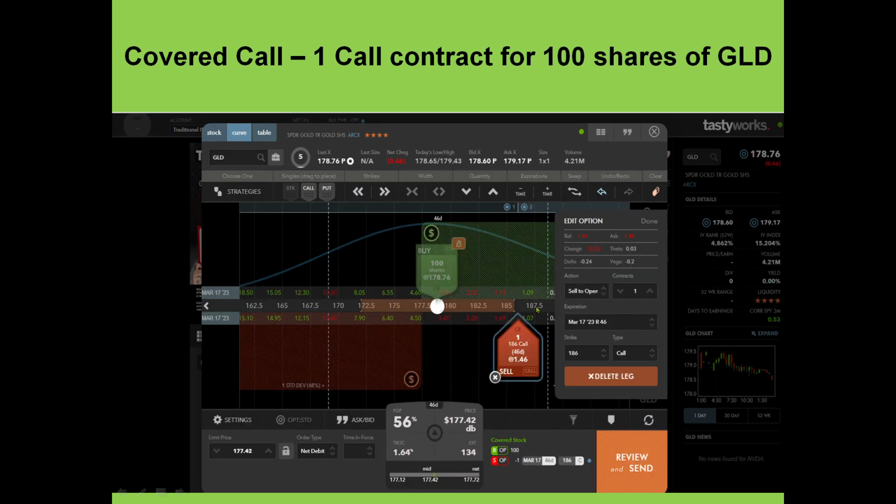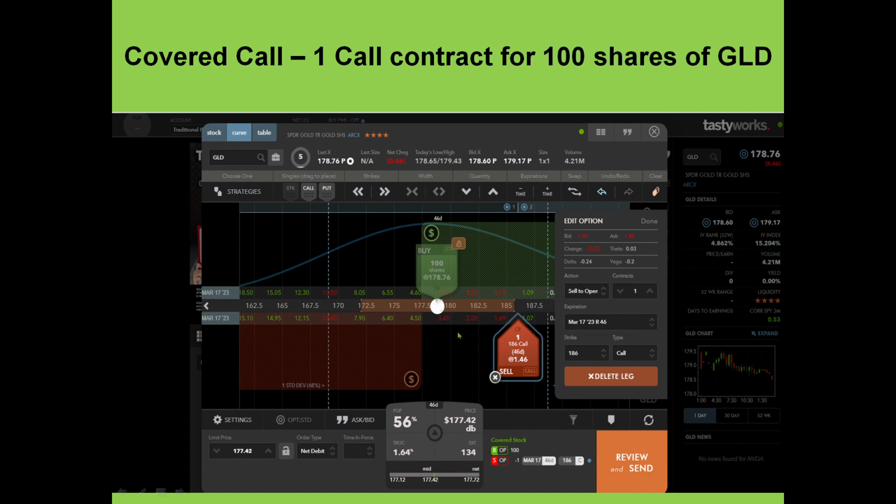If you want to capture more dividend yield, another way to do that is to sell, for example, a covered call with a lower strike price, in this case at $186. And so you can see that the delta in this case is a little bit higher in terms of magnitude, equal to minus 0.24.